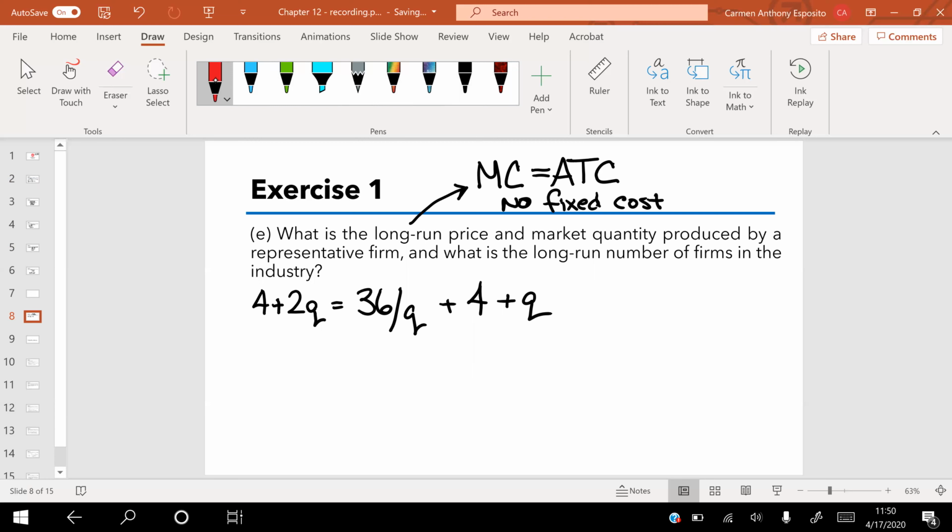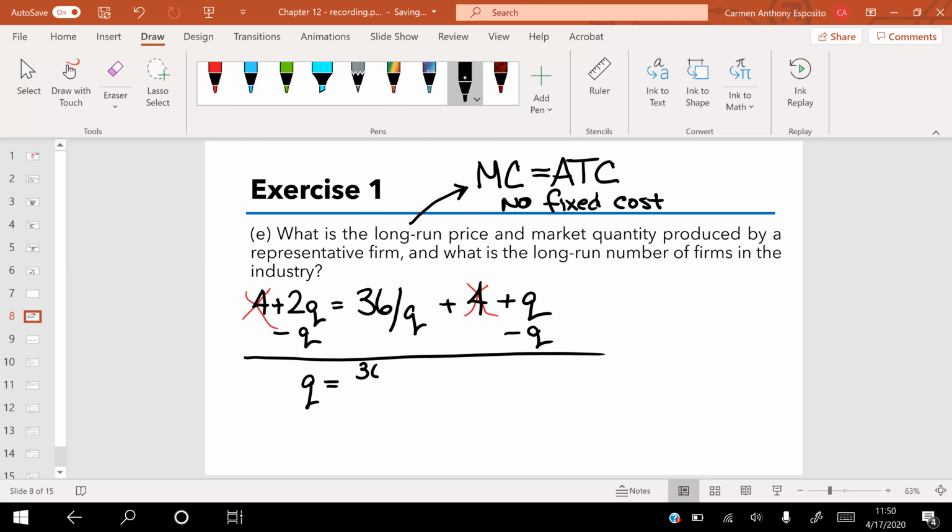There's a positive 4 here, a positive 4 there. They cancel out. So like an NSYNC song, they go bye, bye, bye. And now you have 2q is equal to 36 over q plus q. So why don't I subtract a q? And you get q is equal to 36 over q.